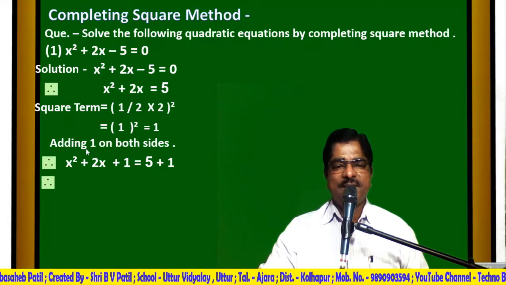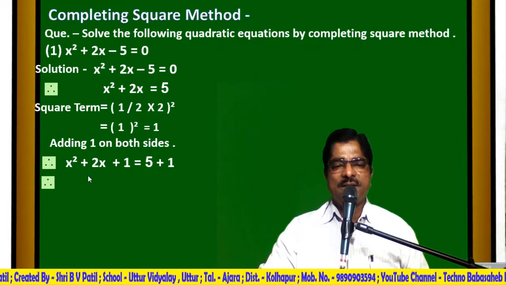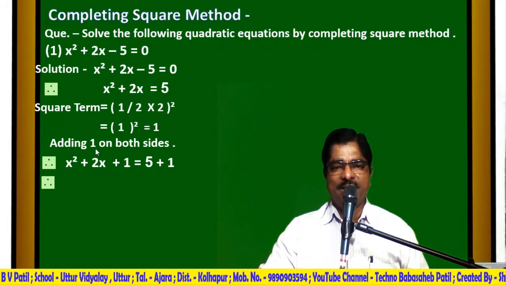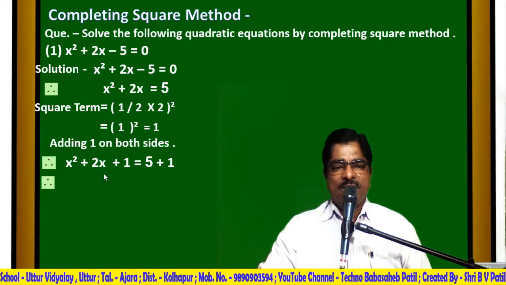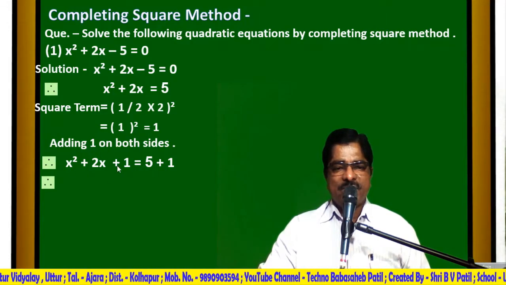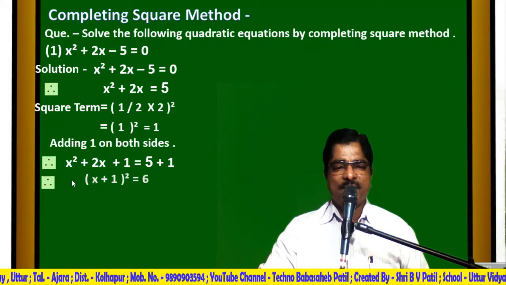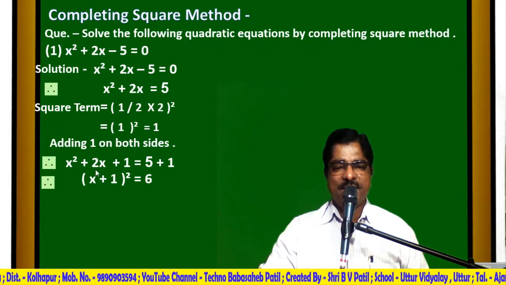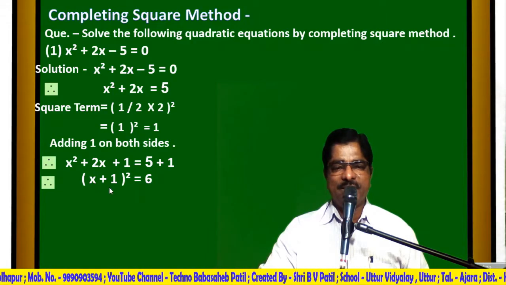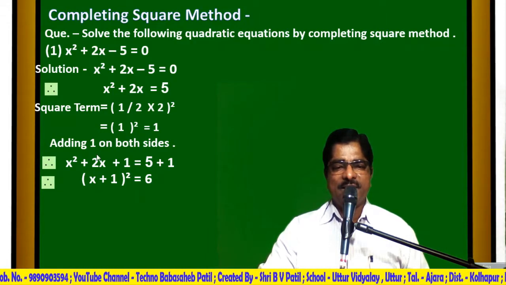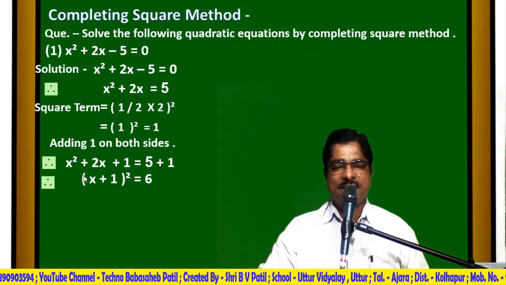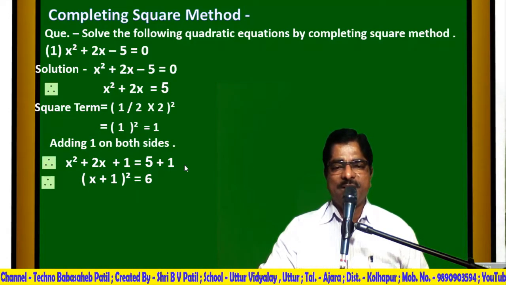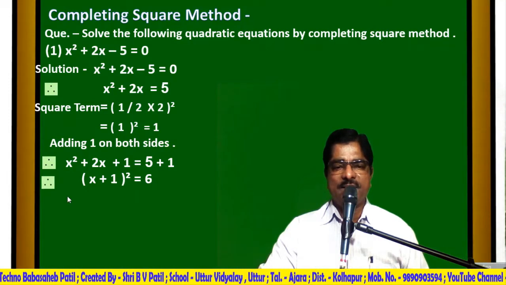Therefore, the LHS is the square of a binomial. Which binomial's square is it? The root of x square is x, the middle term sign is plus, and the root of 1 is 1, in brackets squared. This is the square of that binomial, and 5 plus 1 is equal to 6.